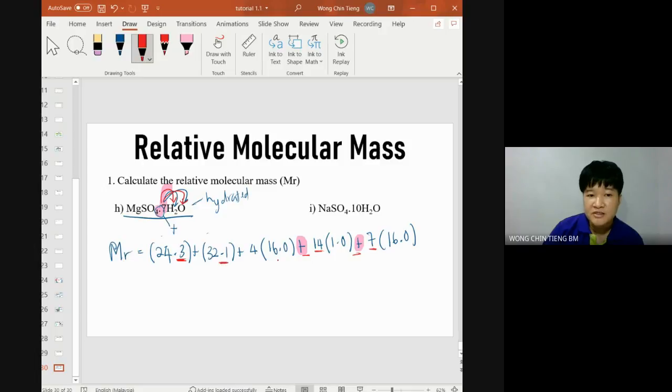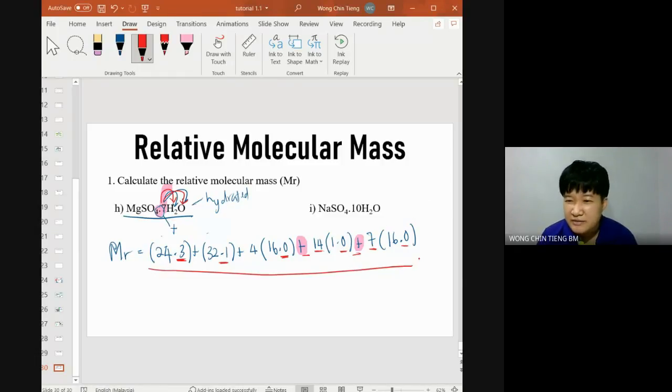And the next thing that I want you to pay attention is decimal places. In matriculation syllabus, we are using up to 1 decimal places for all your relative atomic mass. Semua relative atomic mass mesti adalah 1 decimal places. Mesti. Sebab diberi dalam exam. Bila diberi dalam exam, kita kena ikut apa yang diberi dalam exam. Okay? Yang ni tak ada masalah kot. Kan?